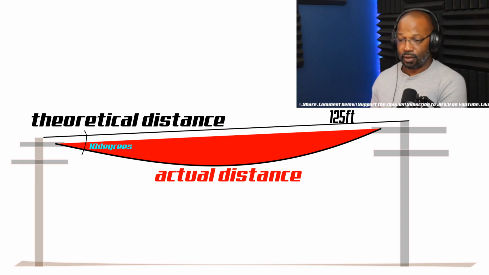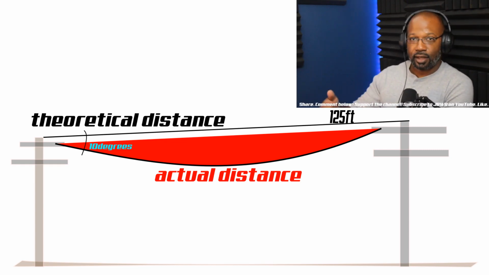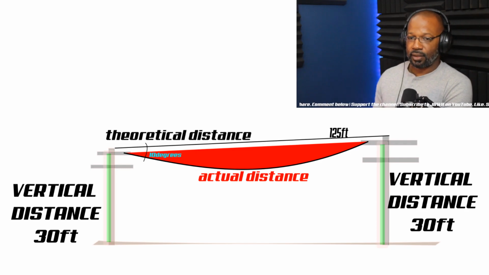Furthermore, we can see that as the line goes up the pole, it loses 30 feet, and then as it goes back down, it loses another 30 feet in physical distance. That's why it's important to pay attention to the markings on the fiber.